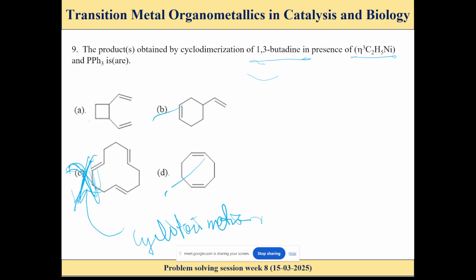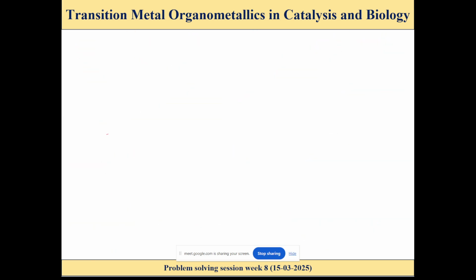So let's discuss. The product can be option A and B and option C, D. So these three can be A, B and D, the right answer. Let's go to the mechanism discussion.